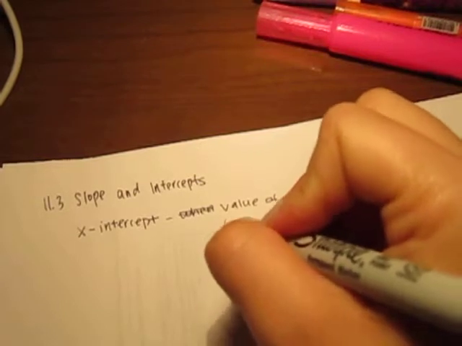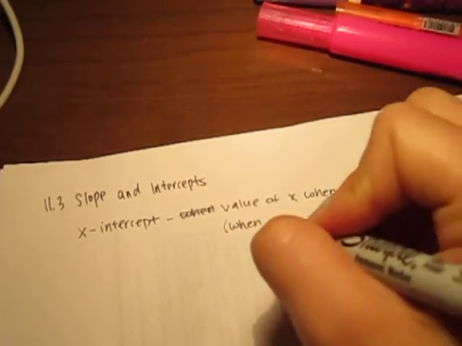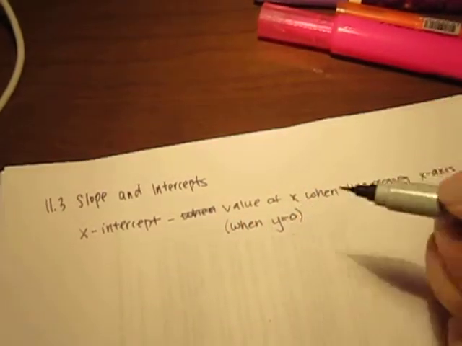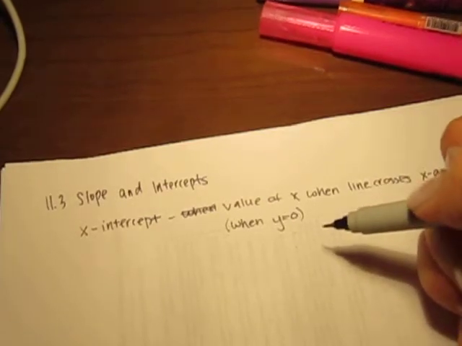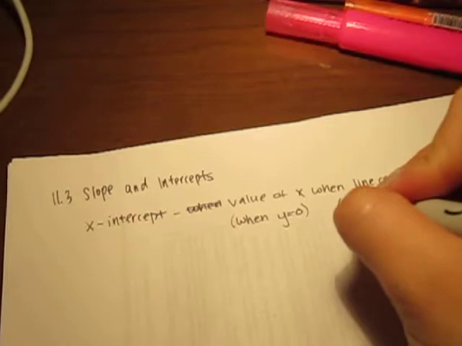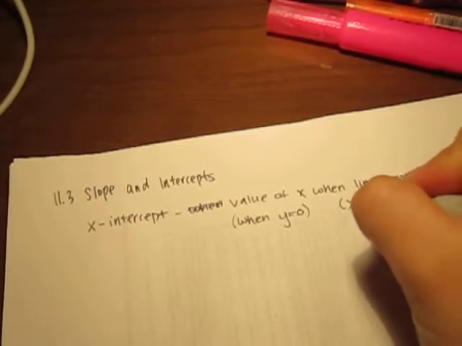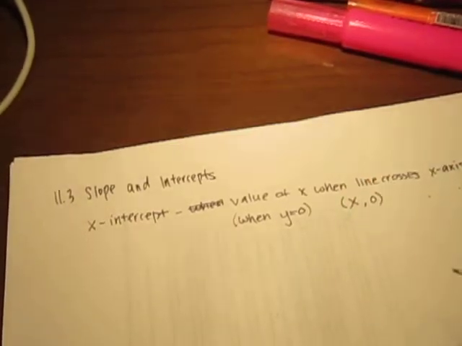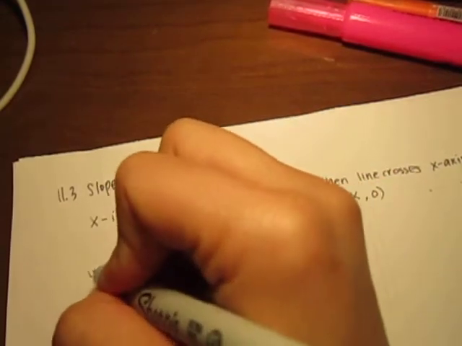That would be when y equals 0. So when y equals 0, that's when you are going to get a coordinate point of some x value and 0. The other one is, of course, then the y-intercept.